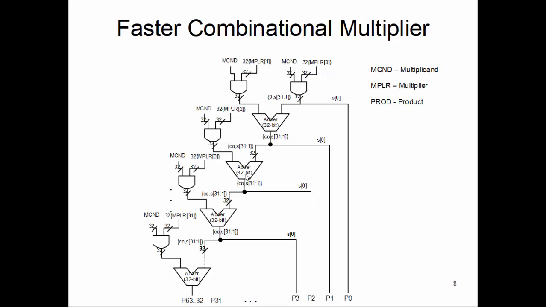The other operand for the second adder comes from the multiplicand ANDed with the third bit of the multiplier replicated 32 times. From that second adder, we also take the LSB of the sum as product bit 2, and the rest of the 31 bits, prepended with the carry out from that adder stage, become the operand for the next adder.